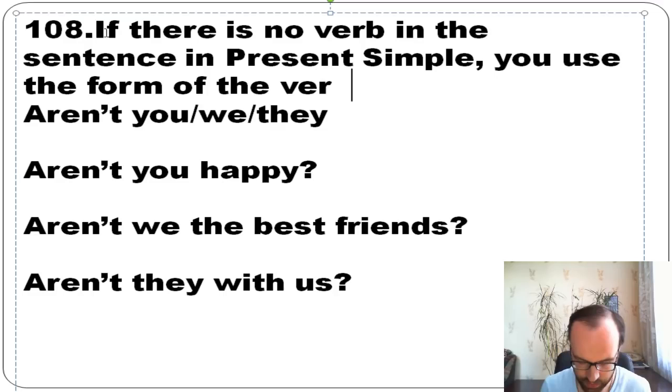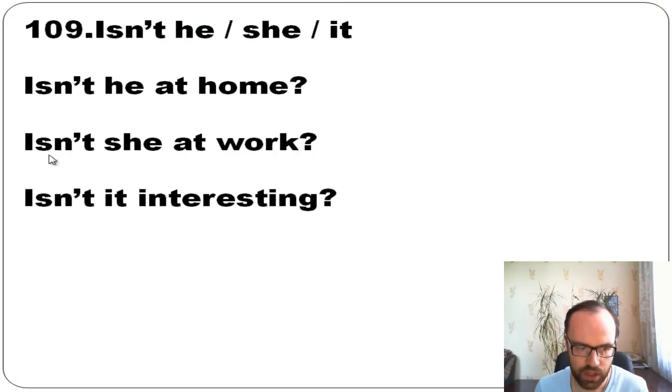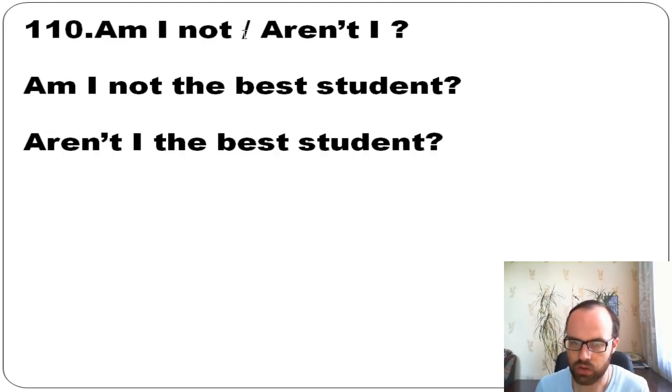Aren't you, aren't we, aren't they? Aren't you happy? Aren't we the best friends? Aren't they with us? And isn't he, isn't she, isn't it? Isn't he at home? Isn't she at work? Isn't it interesting? And am I not, or aren't I?